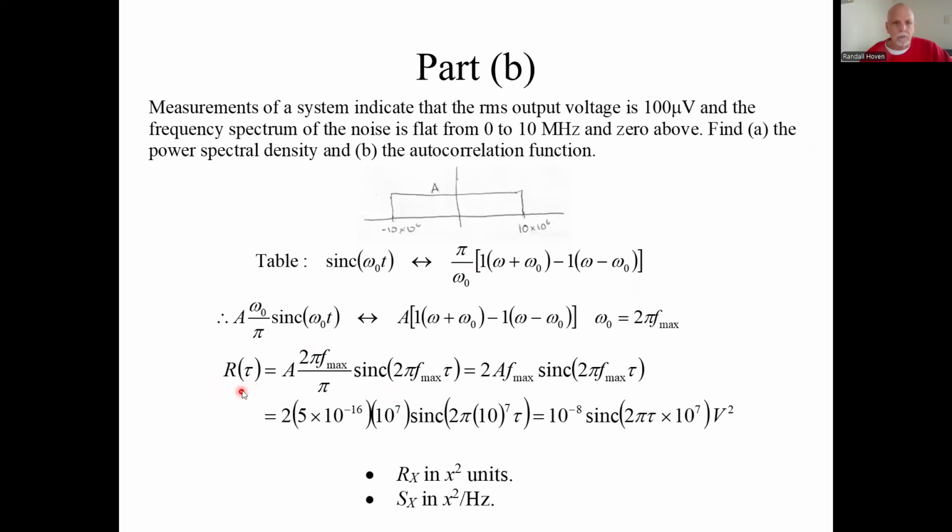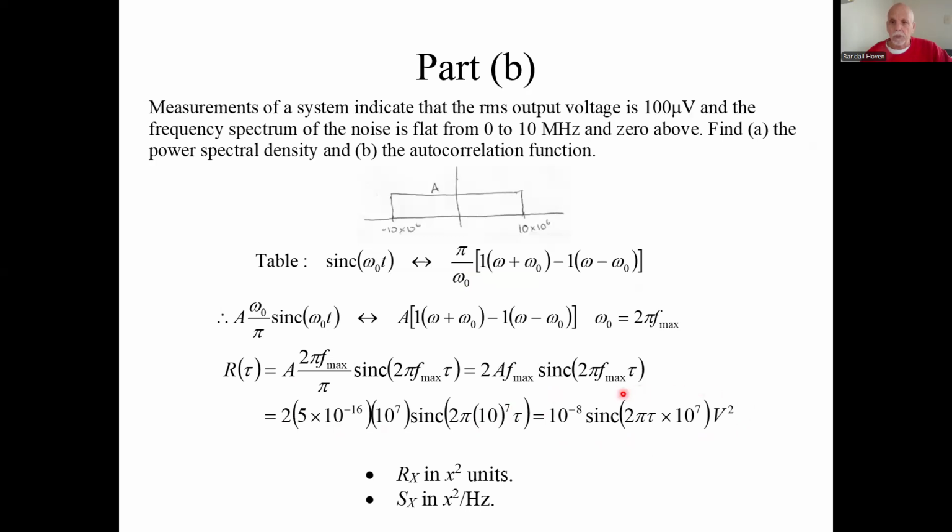The autocorrelation function is going to be some scaled version of sinc, where this omega 0 was 2 pi times F max, which was 10 to the 7th hertz. There's the omega 0, 2 pi times 10 to the 7th, and we had the A from the previous chart.